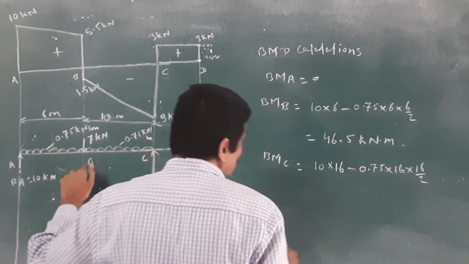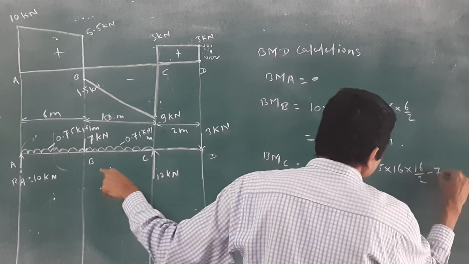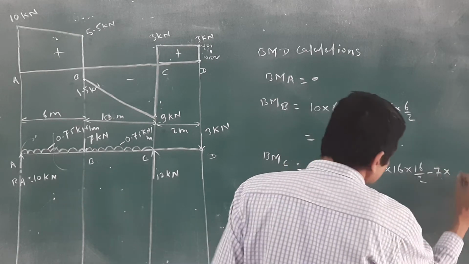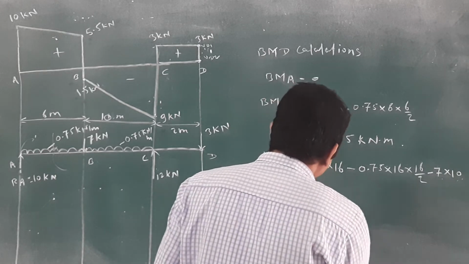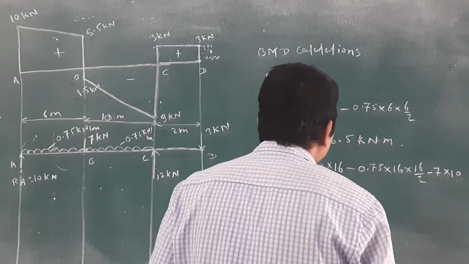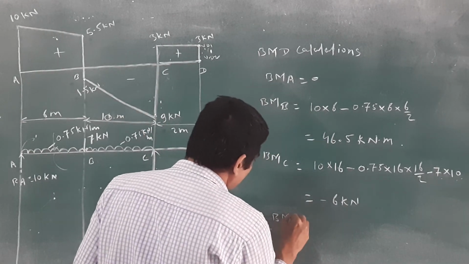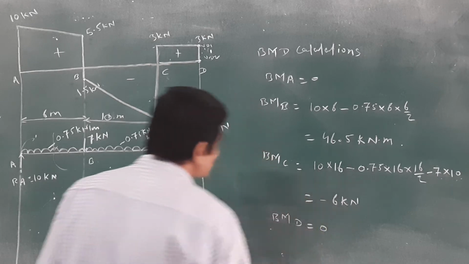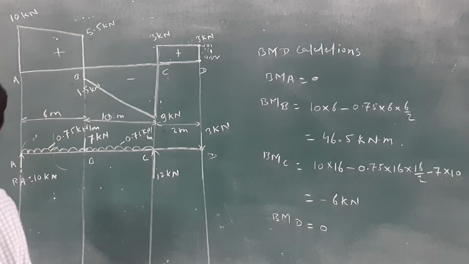There is again 7 kilonewton, minus because of anti-clockwise, minus 7 into the remaining distance, which is 10. This value you will get is minus 6 kilonewton meter. And last, at point D, bending moment at D is equal to 0. This is the bending moment calculation.